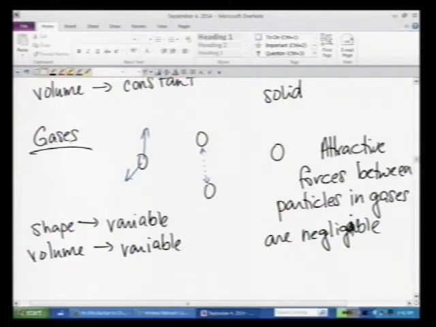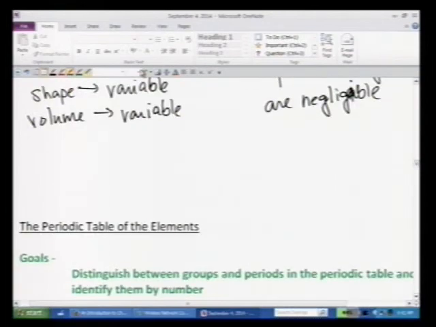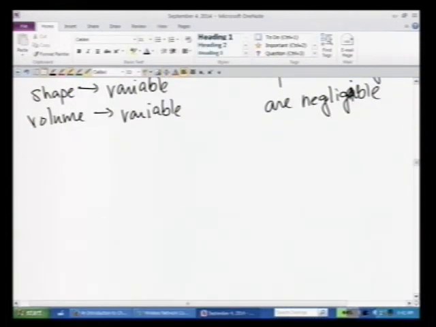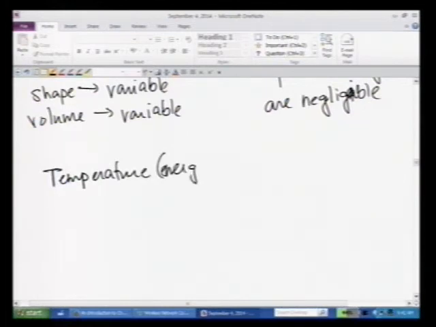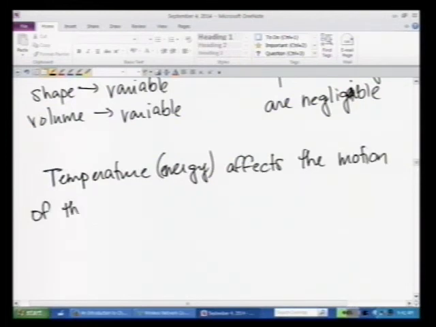Now, did you have a question? No? Okay. So that's how temperature works into the whole kinetic molecular theory. Temperature changes the motion of the molecules, not the attractive forces. So just so that's written down for you: temperature, or energy, affects the motion of the particles.